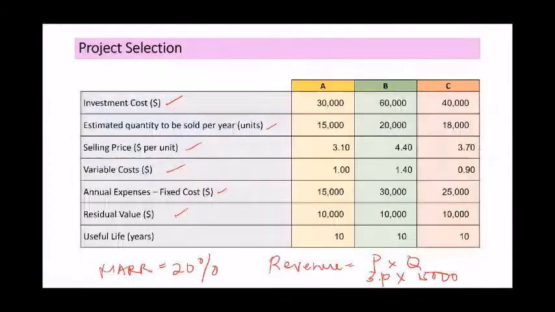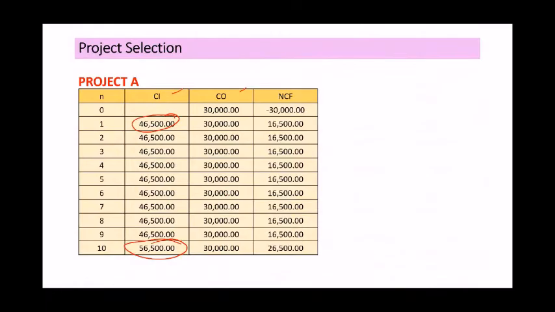That's why our cash out is 30,000. So we assume that this is true throughout the life of the project. So we have 30,000 here, and get the net cash flow. So we have this net cash flow for project A.